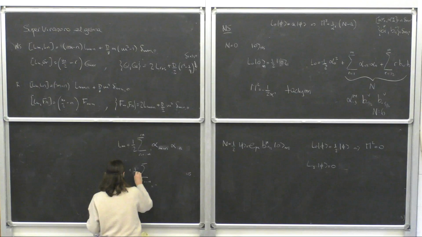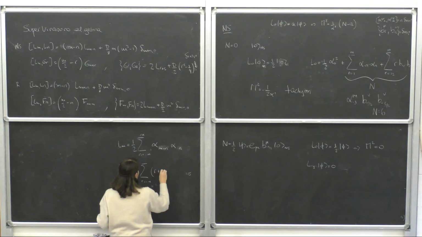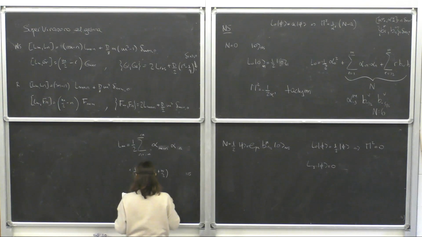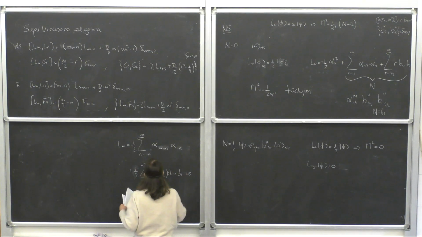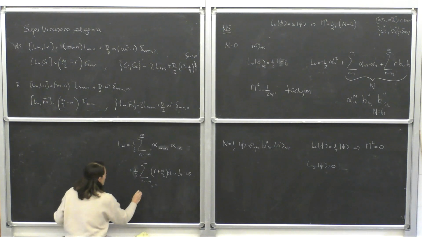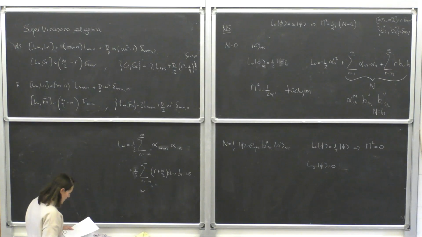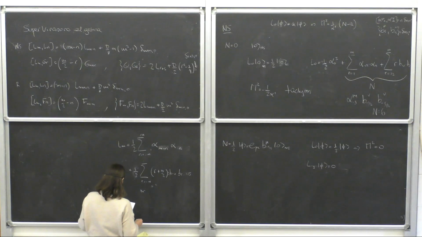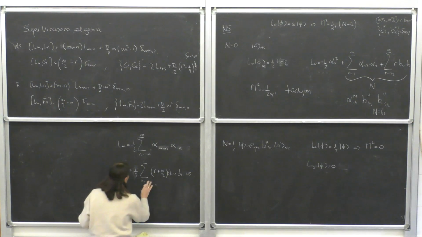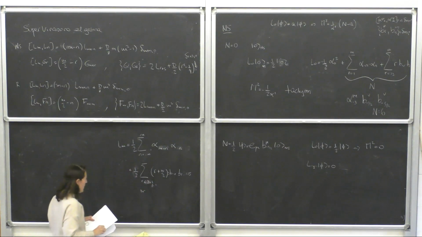Yeah, overall 1/2, but then also n plus r plus m over 2, and then b minus r, b r, or the same thing, but with m instead of r. And better say r in Z plus 1/2, from minus infinity to infinity.